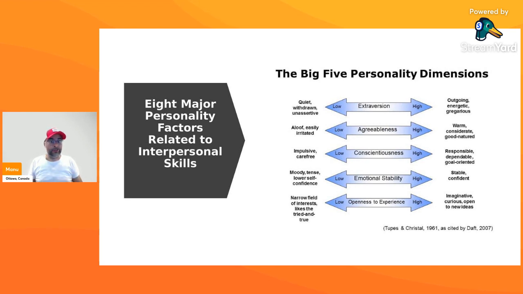And if you're able to do that, if you are able to work with the emotional stability side of things, if you have the skill and the tool set to really do a good job on that end, you'll be a very powerful leader. Openness to experience, imaginative, curious, and open to new ideas on the right side, on the high, and narrow field of interest. Want to do things that you already know, do not want to experiment a lot on the low side.